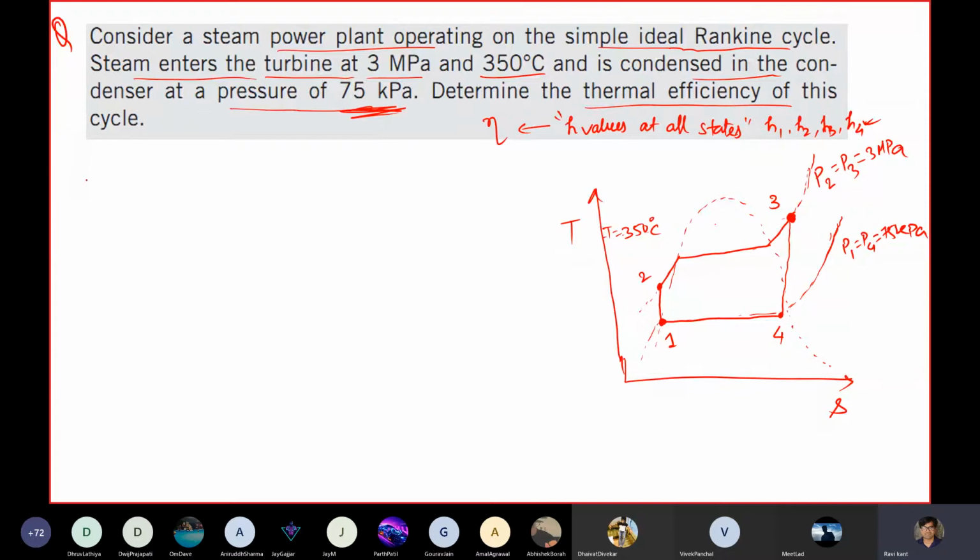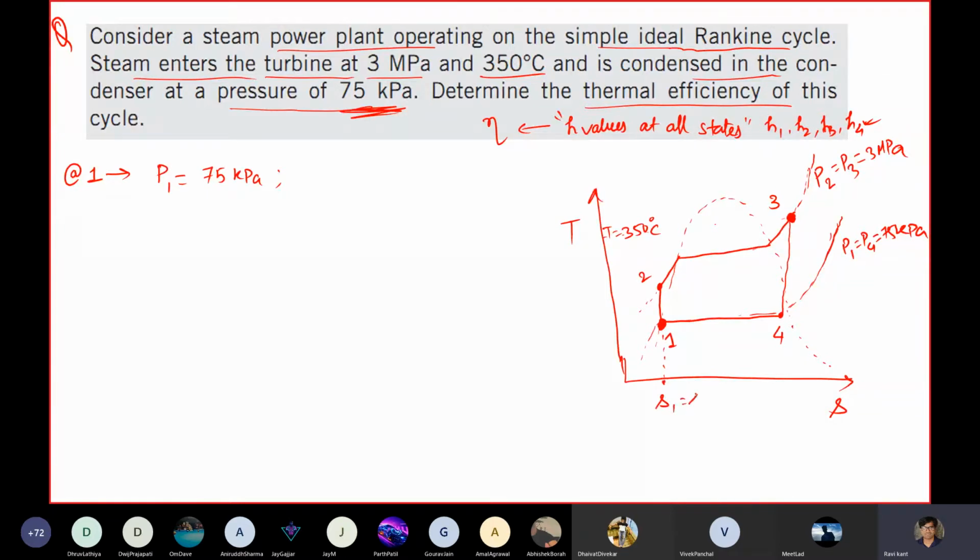Okay, let's suppose I have this particular state. So at state 1, what is my P? P is given, so P is essentially my P1 equal to 75 kPa. What else? It will have some entropy.